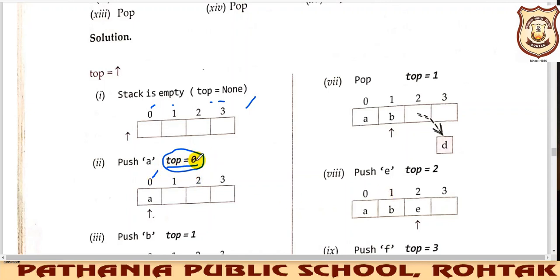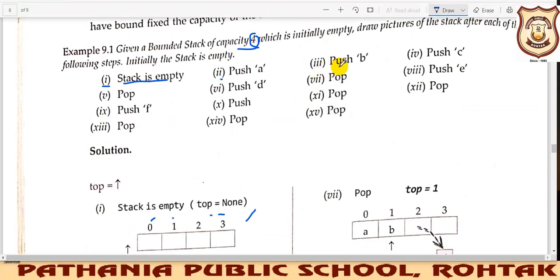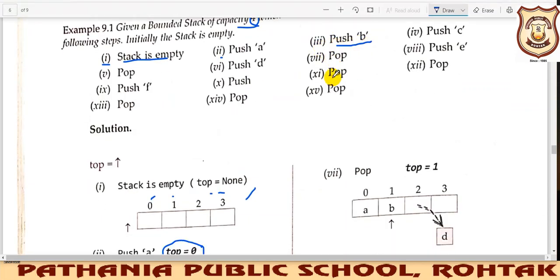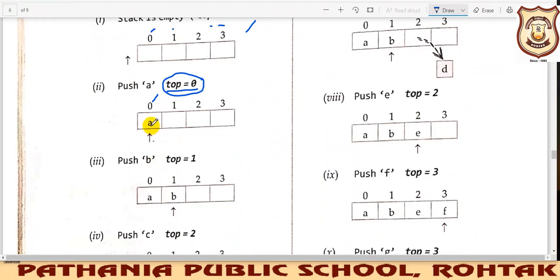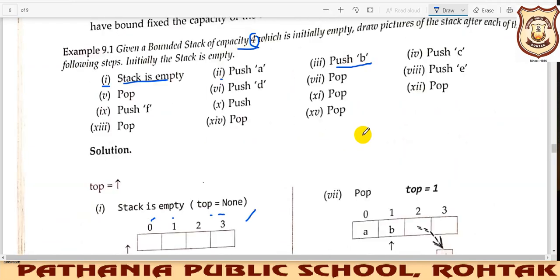Next is the third part, pushing B, meaning again we are adding one element. A has taken index 0, so now B will be at index 1. Next you can see push C, then pop. For pop you are not supposed to tell the element name, because pop can only occur at the topmost position, and whatever element is at the top will be taken out.